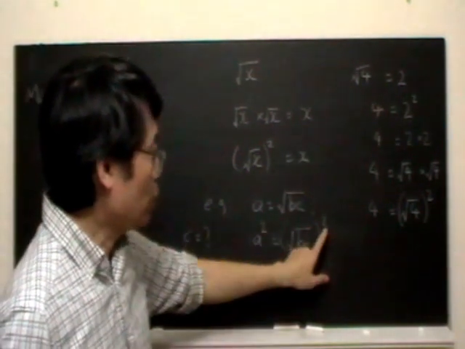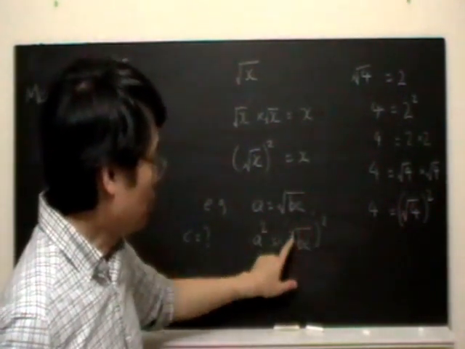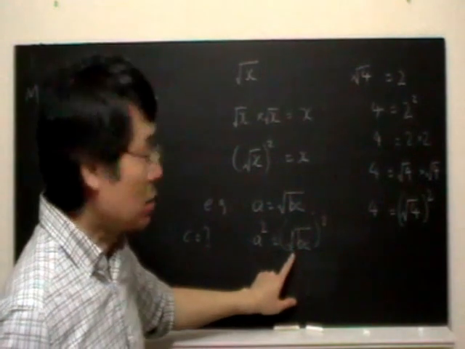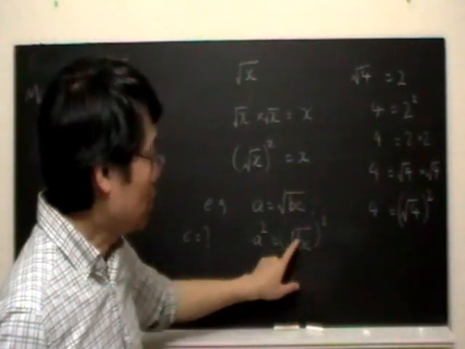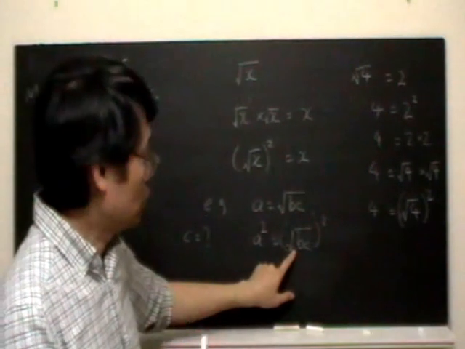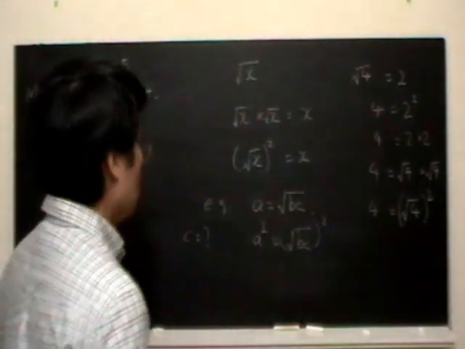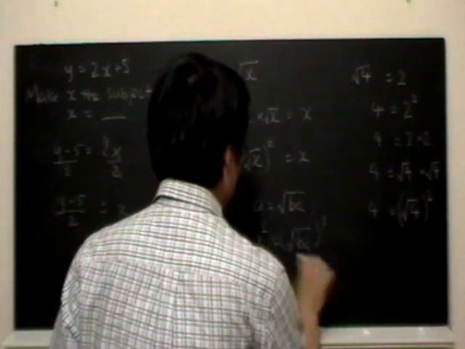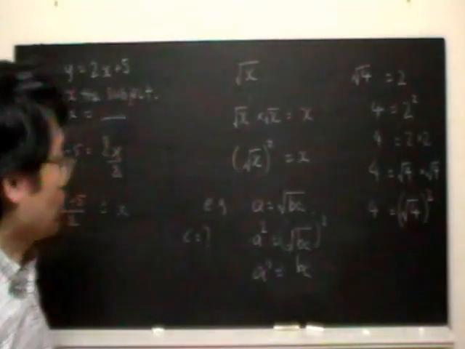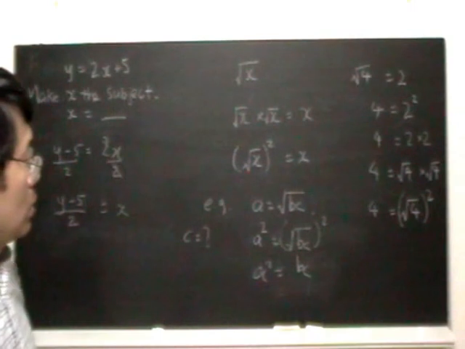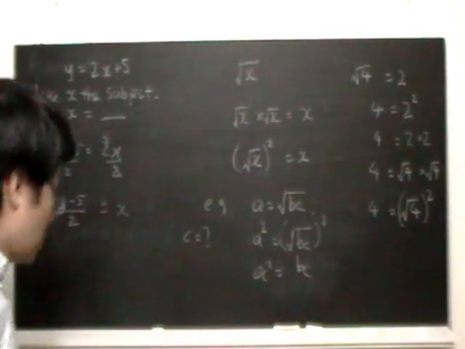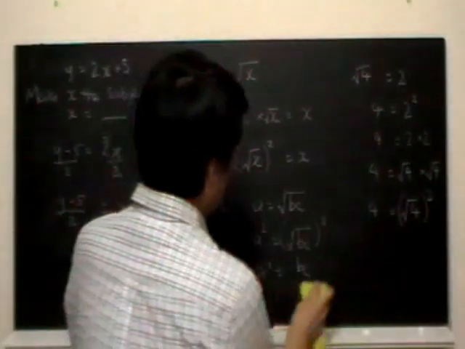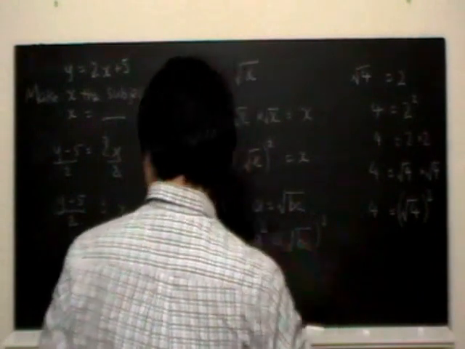So if you take the square of the square root of BC, you should get back BC, which is everything under the square root. So this is a squared equals BC. Let me write that down again.